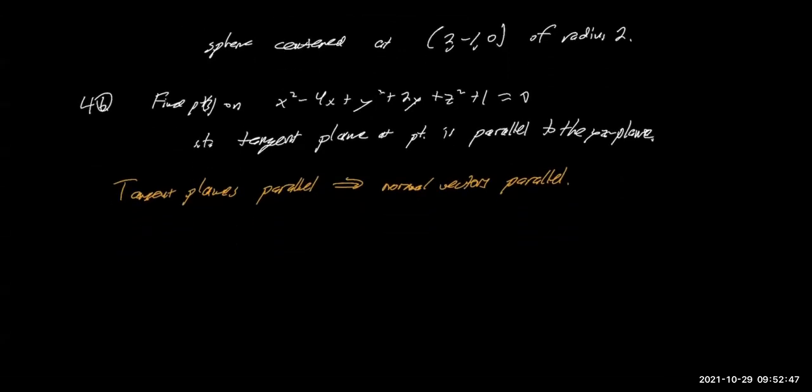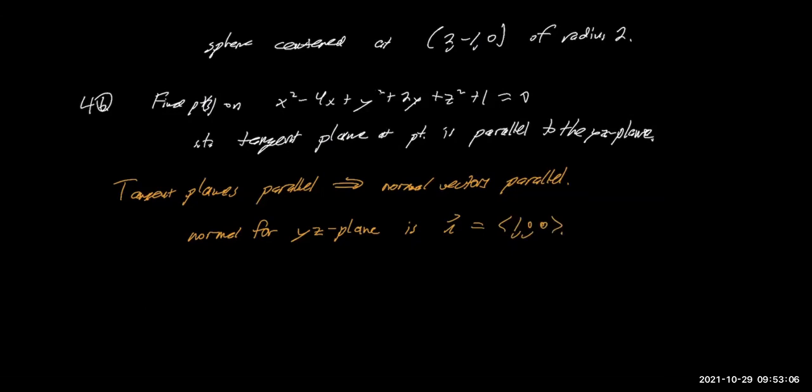The normal for the YZ plane is in fact the i vector, which is 1, 0, 0.